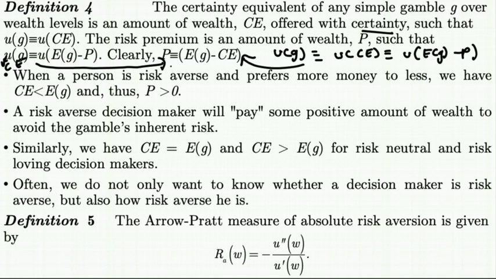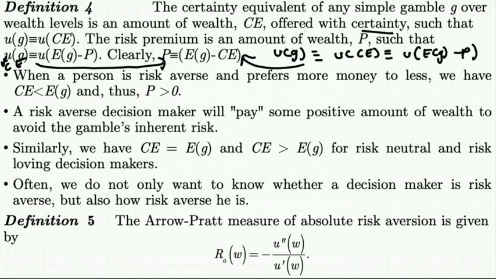Now, the premium P is positive, which means a risk-averse decision maker will pay some positive amount of wealth to avoid the gamble's inherent risk. So that's why, for any person who wants to invest in something, we know the outcome is uncertain, but they want the return.